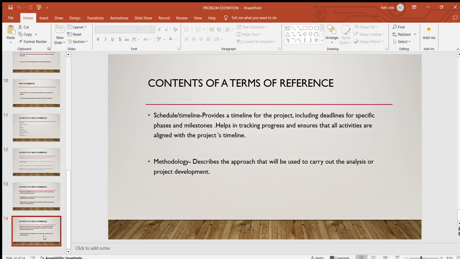Then we talked about errors and failures, which involves frequent system errors, data corruption, or even failure of processes, and it may suggest that there is a deeper technical or functional issue.